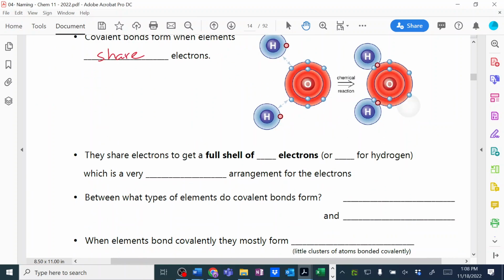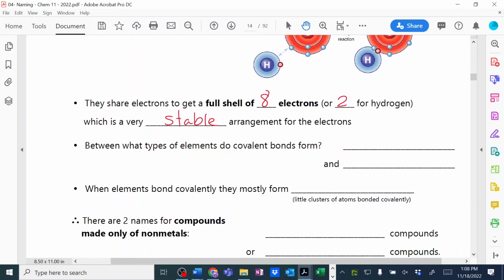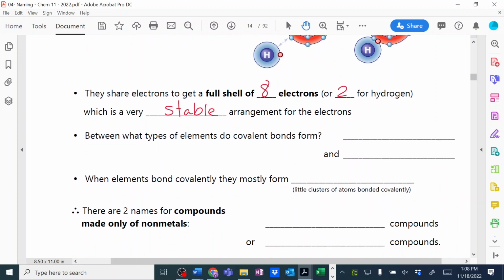They share electrons in order to get a full shell of 8 electrons, or 2 for hydrogen, which is a very stable arrangement for the electrons. Between what types of elements do covalent bonds form?